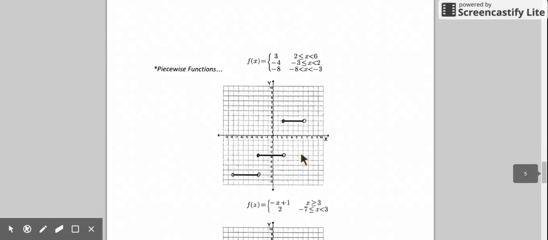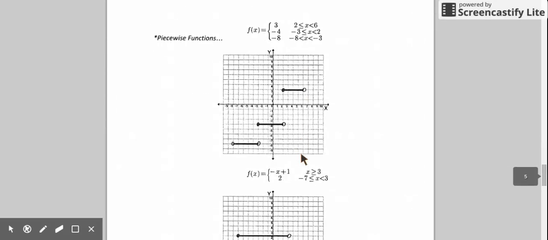That leads us to actual piecewise functions. So the only difference here is slightly different notation. f of x is function notation for y, so this really just says y equals 3. So this is just a horizontal line at y equals 3, but only for x values that are in between 2 and 6. And now we got a slightly different notation on our inequalities.